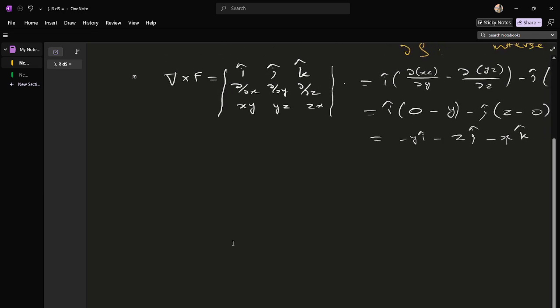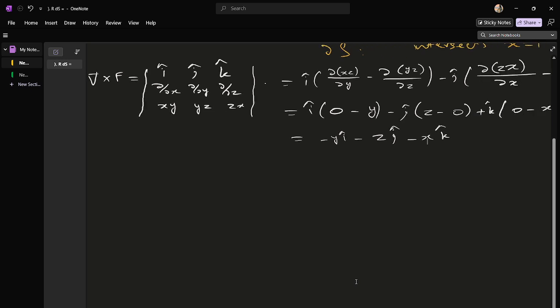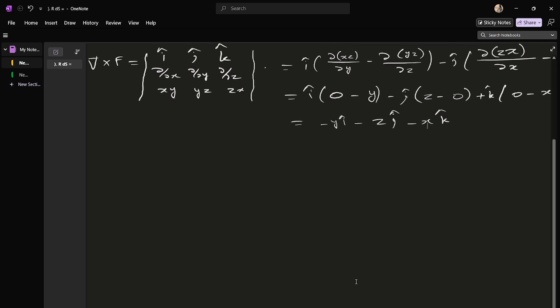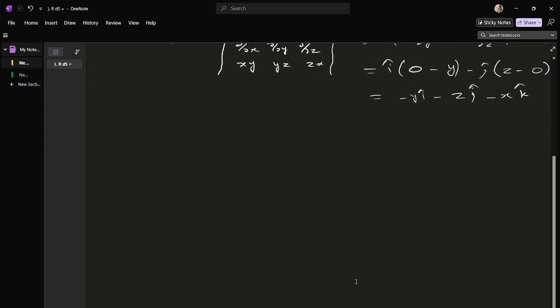Now I did something wrong. Now the surface integral will be this.